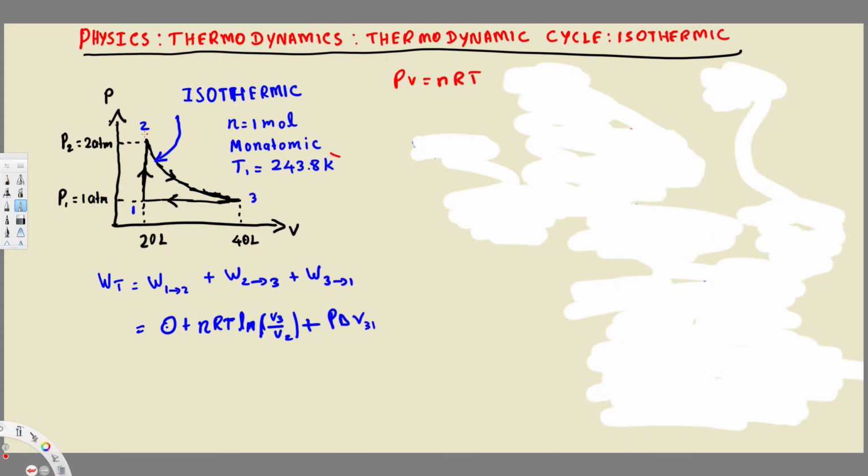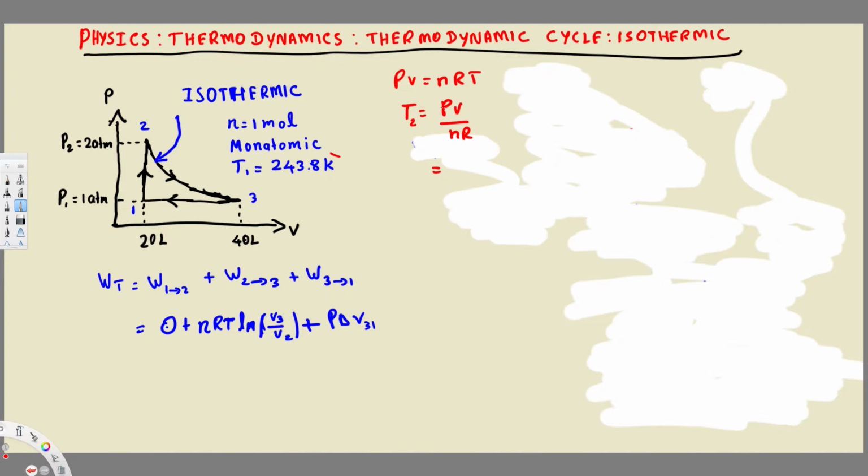Okay, let's do T2. We know the pressure at T2 is 2 atm, and volume is 20 liters. Mole is 1 mole. We can calculate this using that. So T2 is equal to PV over nR. If we calculate T2, that's going to be the same as T3 because it's isothermal.